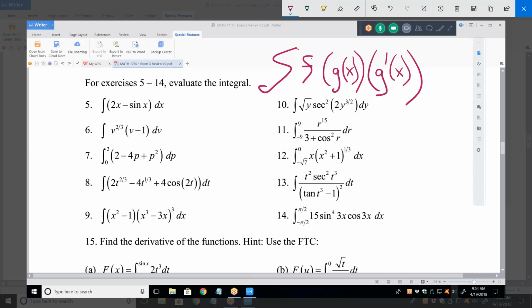For example, if I had, and I'm not sure this is such a great example, but I guess we'll just use it. That's a composite function right there. The inside of that composite function is that part right there. What is the derivative of that part?